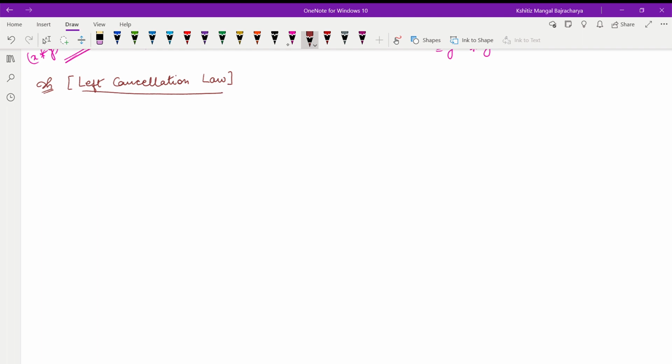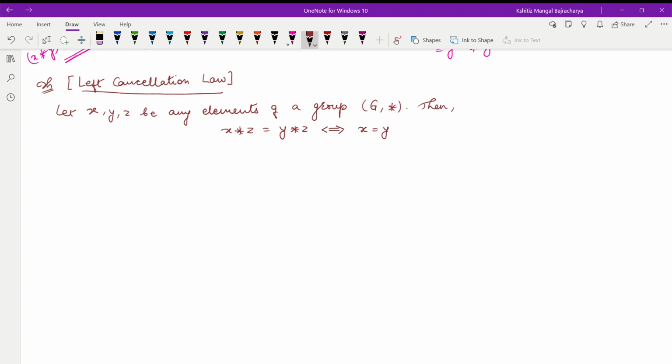This means if x, y, and z are elements of a group G star, then x star z is equal to y star z if and only if x is equal to y.